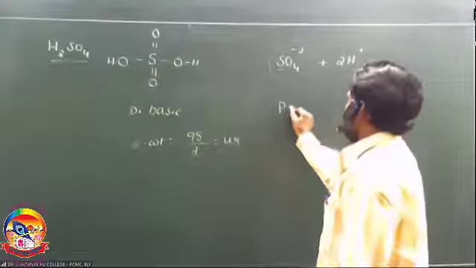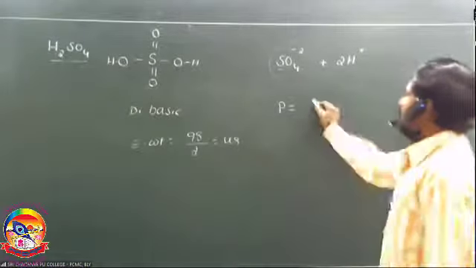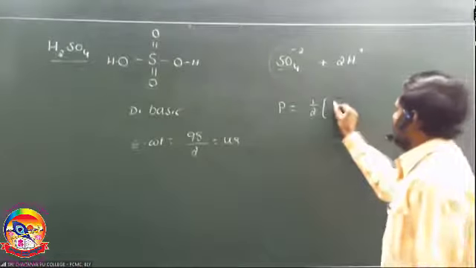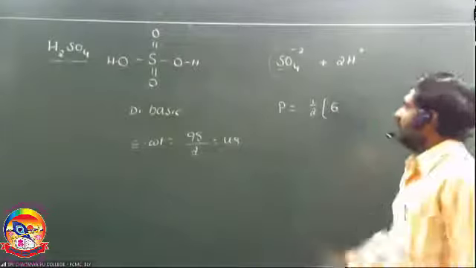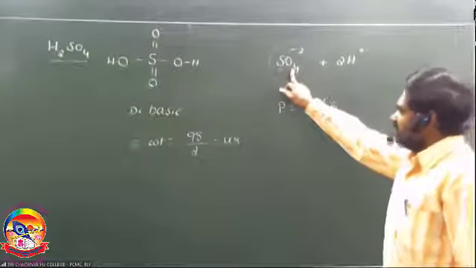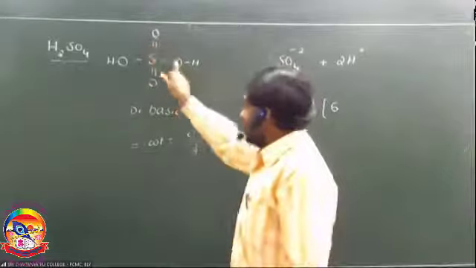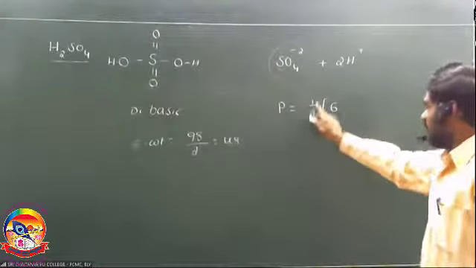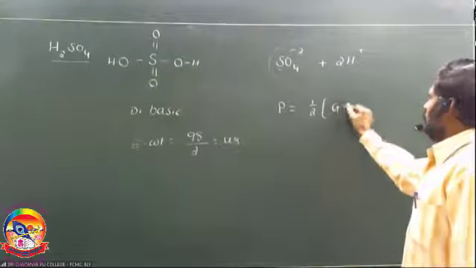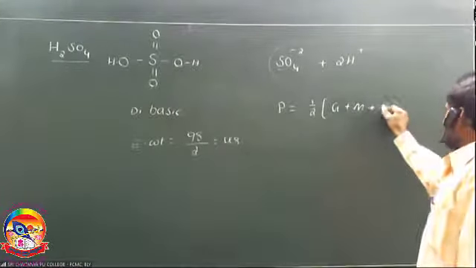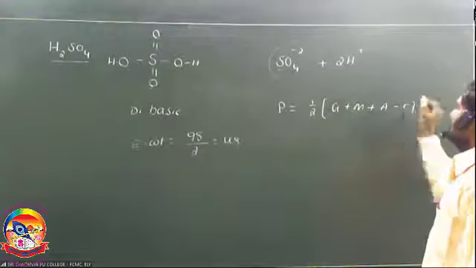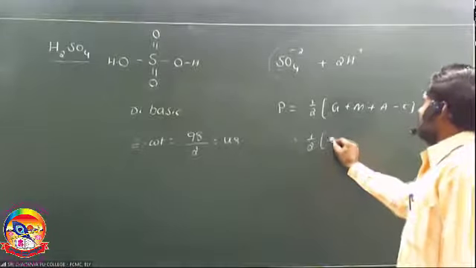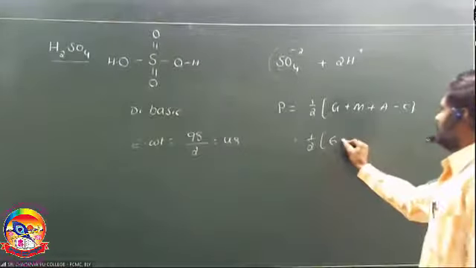P is equal to half into the group number of the central atom, that is sulfur. Sulfur belongs to the 6th group. Next, it is attached with oxygen, and oxygen atoms are divalent. The formula is P equal to half into group number plus monovalent plus anion charge minus cation charge. The group number of sulfur is 6.